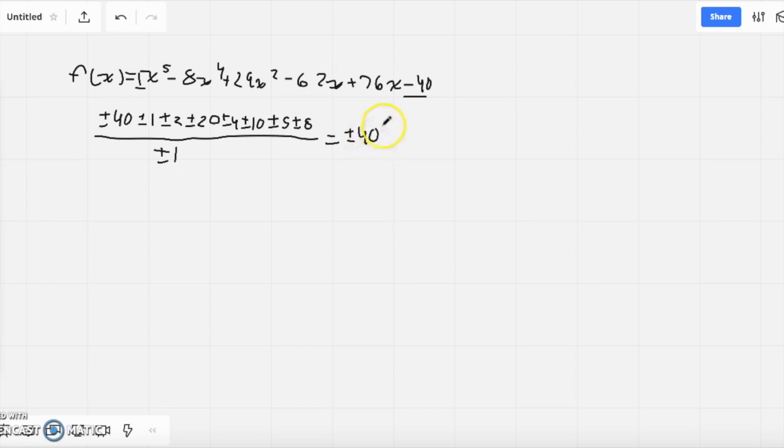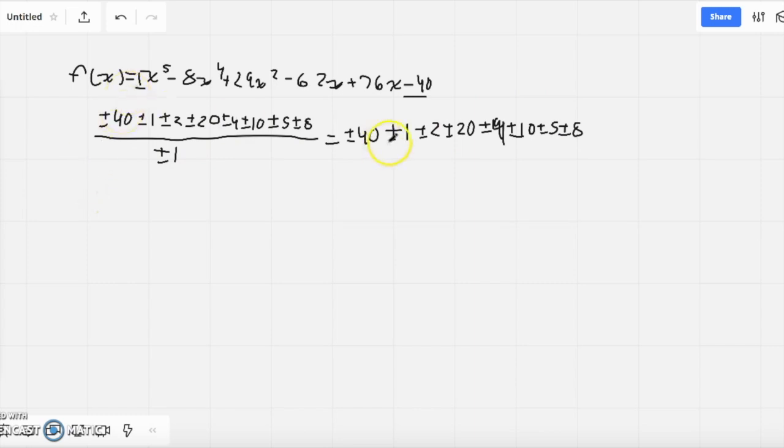Then it'll be plus or minus 1, plus or minus 2, plus or minus 20, plus or minus 4, plus or minus 10, plus or minus 5, and plus or minus 8. So those are all the possible factors.